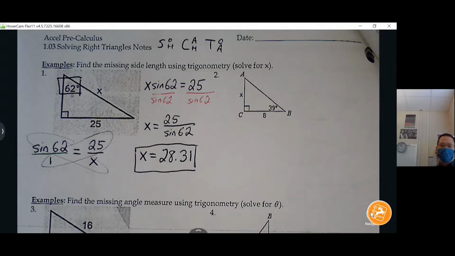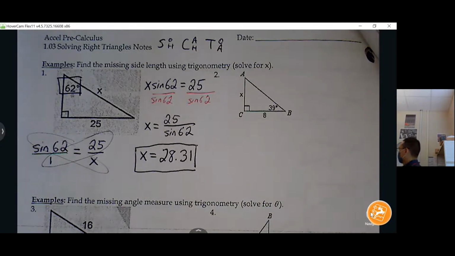work. So I want you to try number 2 and approach it with the same steps that we did. Put a box or circle around your angle so you know how you're going to name each of the sides of the triangle, because your opposite and your adjacent depend on where your angle is.